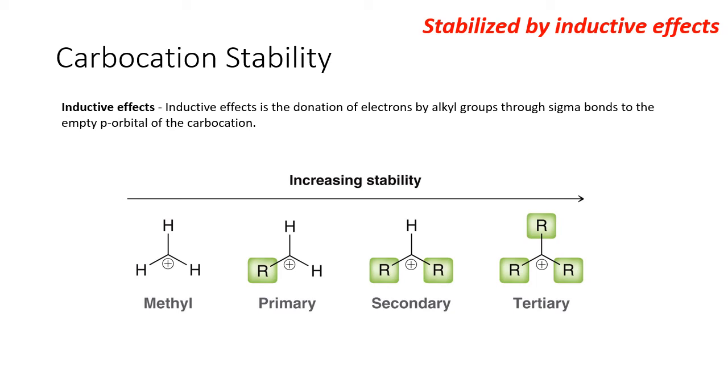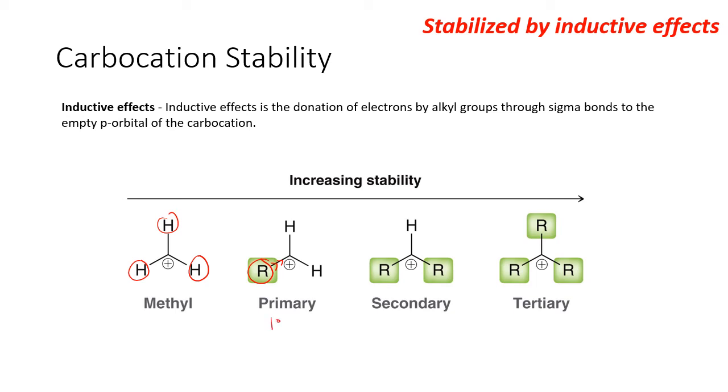So if you have a methyl carbocation, you don't have any alkyl groups attached. You just have 3 hydrogens there. And so that is going to be your least stable carbocation. In fact, they hardly exist. It's so unstable. A primary carbocation has 1 alkyl group attached. And so imagine these electrons in that sigma bond being pushed towards the positive carbocation. Well, if electrons, which are negative, can be pushed towards that positive carbocation, they can help stabilize it.